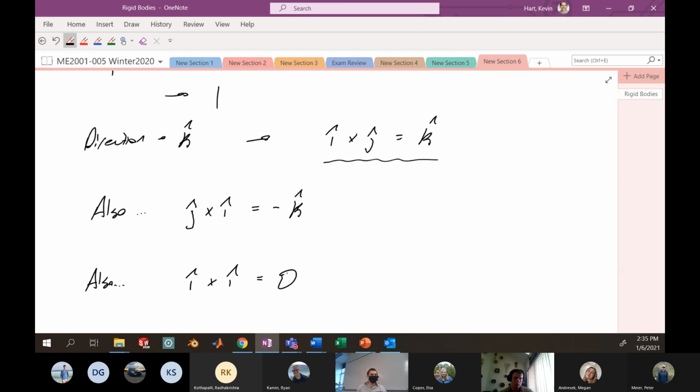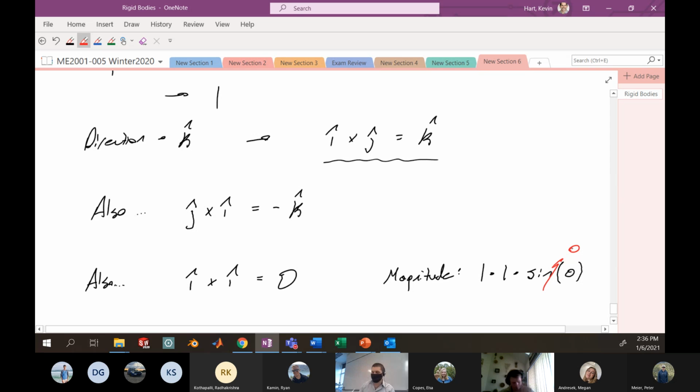If we thought about the magnitude of this particular cross product, it would be the magnitude of I, which is 1, times the magnitude of I, which is 1, times the sine of the angle between them. If it's the same vector on top of itself, then that angle is 0 degrees, and the sine of 0 is 0. So the magnitude of this resultant is 0.